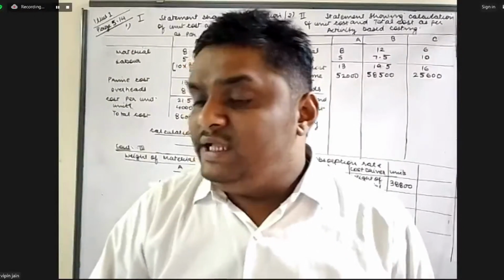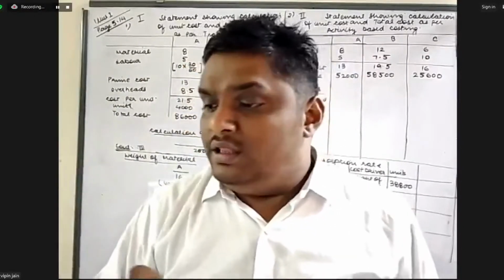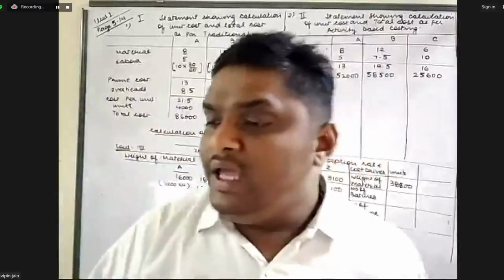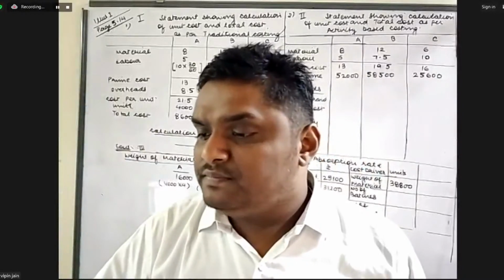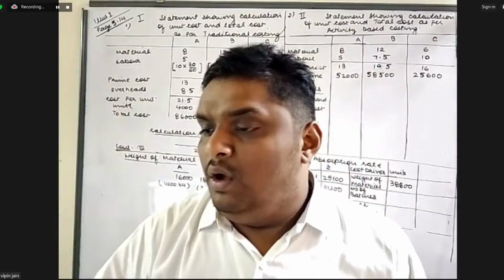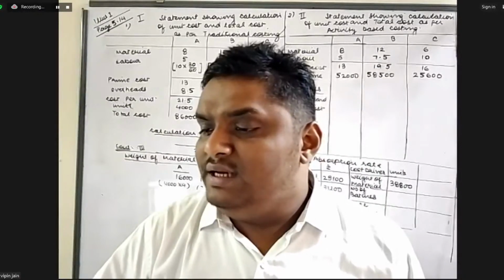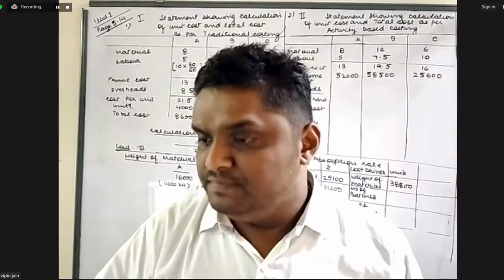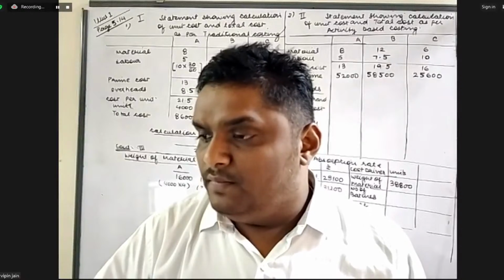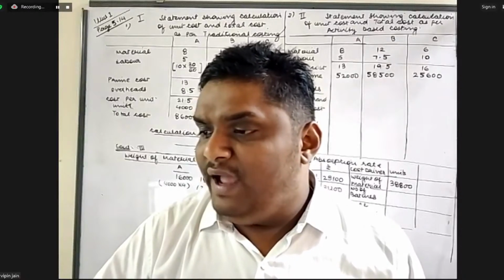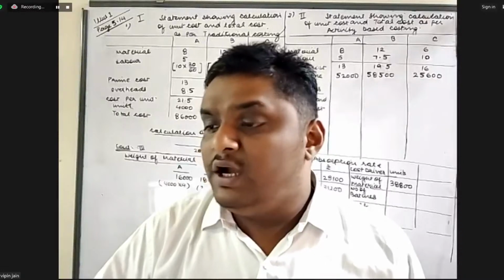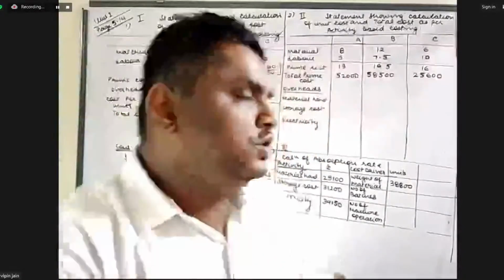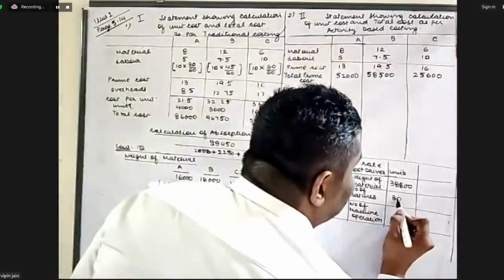Herein, it is clearly given in the question that for the complete production, the batches of material are 10, 5, and 15. So the total number of batches is 30.